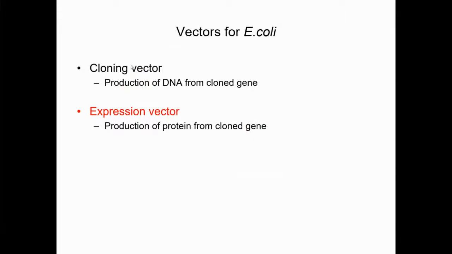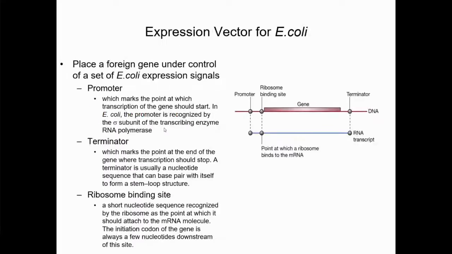Yesterday we discussed the cloning vector, which is the production of DNA from a cloned gene. Today we will discuss the expression vector, which is the production of protein from the cloned gene. Yesterday when we discussed the cloning vector, I mentioned three important factors for a cloning vector.